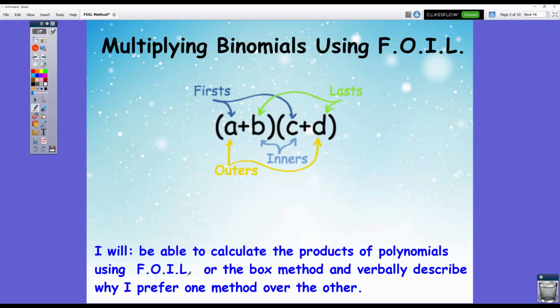So if you prefer the FOIL method, tell me what it is about the FOIL method that you like. Or if you like the FOIL method simply because you hate the box method, tell me what it is about the box method that you dislike, or vice versa. Okay, let's go ahead and get started.